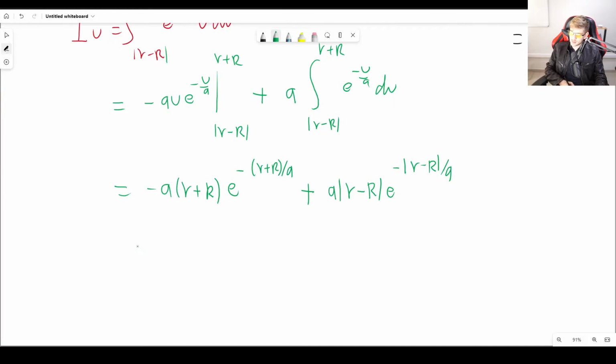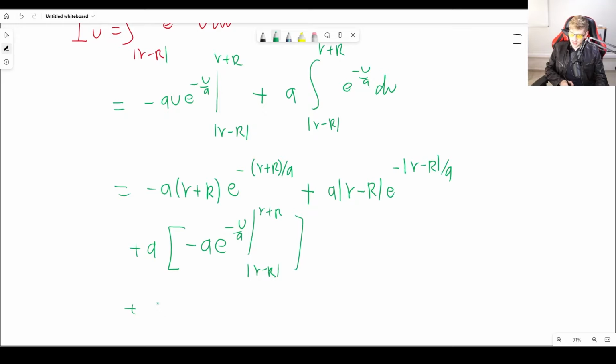So this integral will be plus a times. Now the integral of e to the minus u over a is minus a times e to the minus u over a, evaluated at the endpoints. So let me now just plug that in.